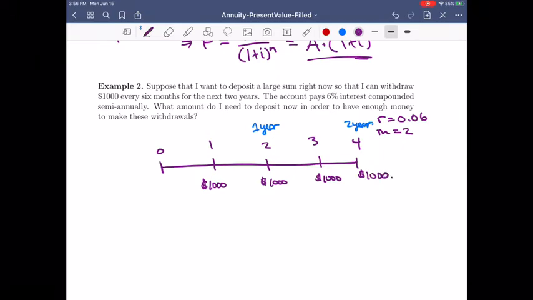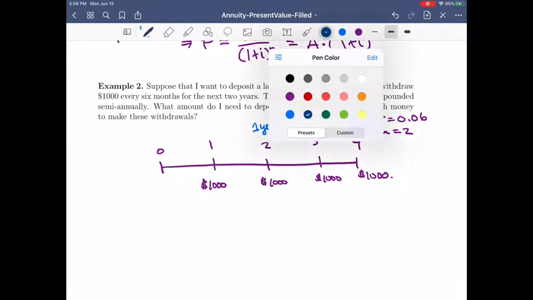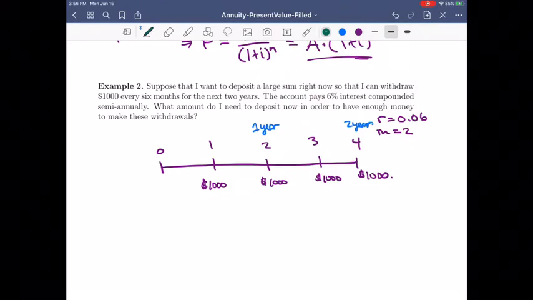We want to work backwards. In order to have this $1,000 one compounding period from now, I want to know what my P value was. What did I need to have initially in order to have $1,000 in one period?